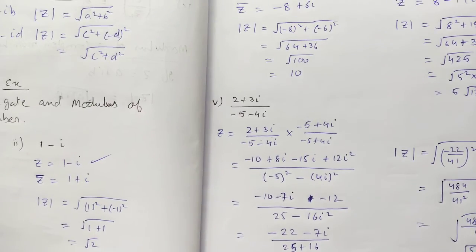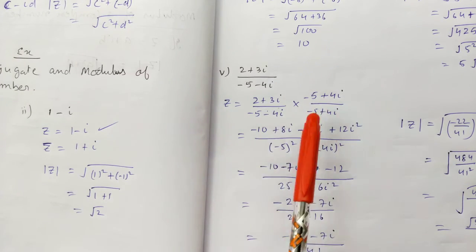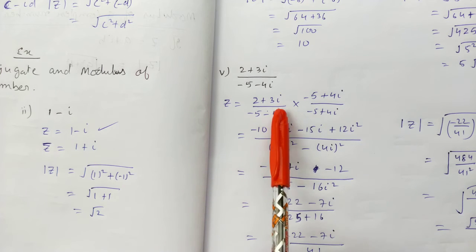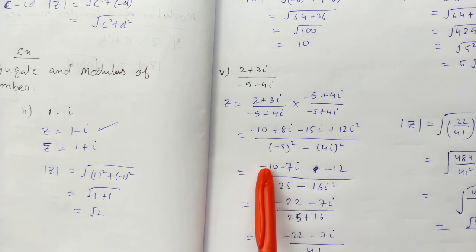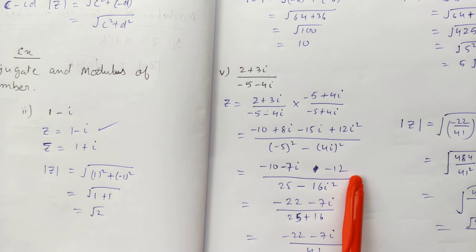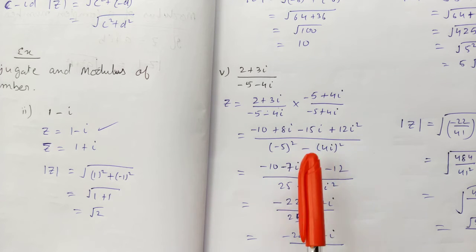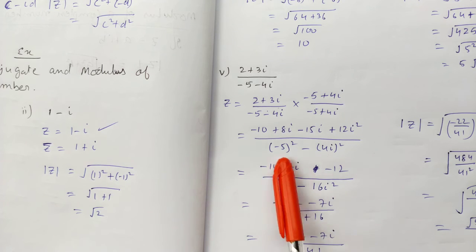Let me check whether any mistake is done. 2 fives are 10, 2 fours are 8, 3 fives are 15, 3 fours are 12. Minus 10 minus 12 is minus 22, minus 7. This is 41.